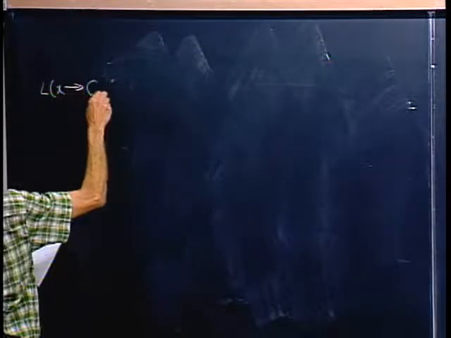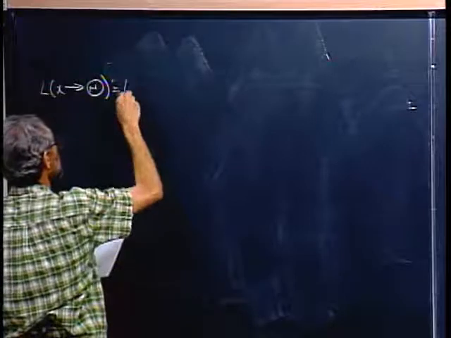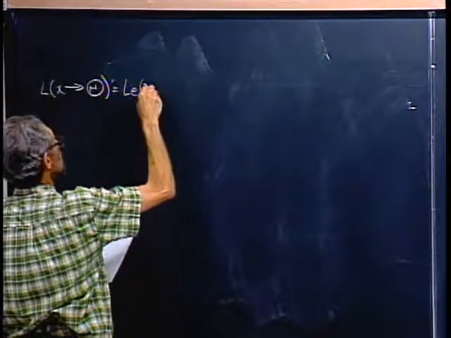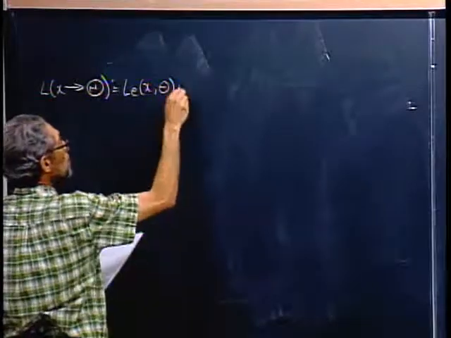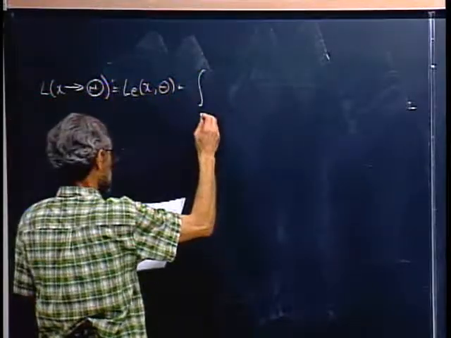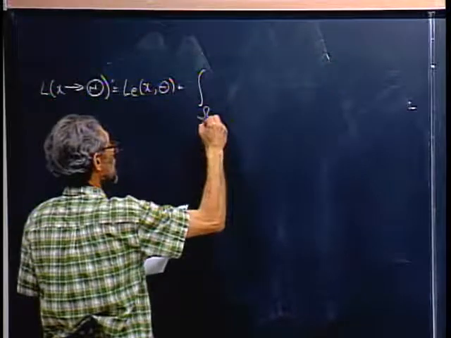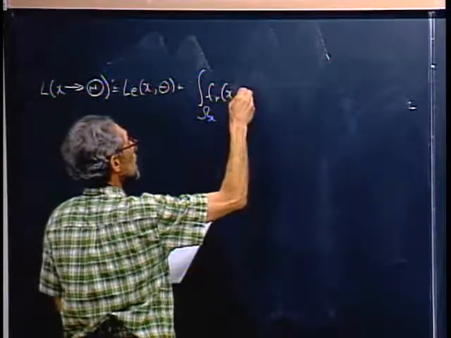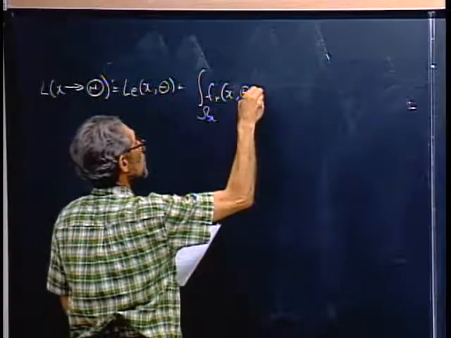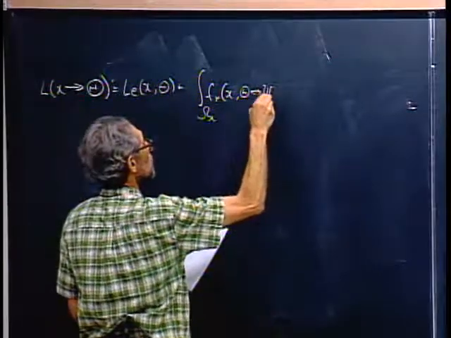And so the original formulation we had was that L starting at x going out into direction theta is LE, x going out in direction theta, plus a term which was the integral over all solid angles of the bidirectional reflection function at x and theta, reflecting from psi to theta.